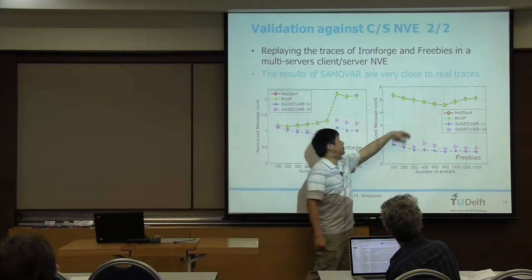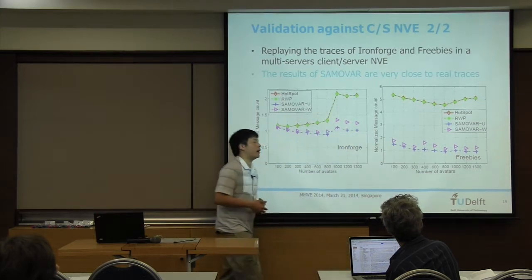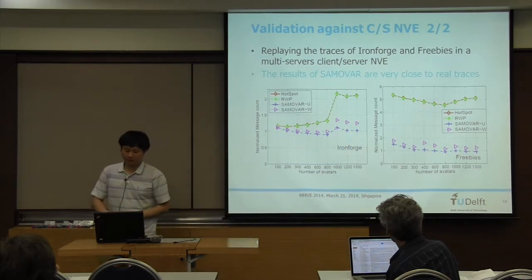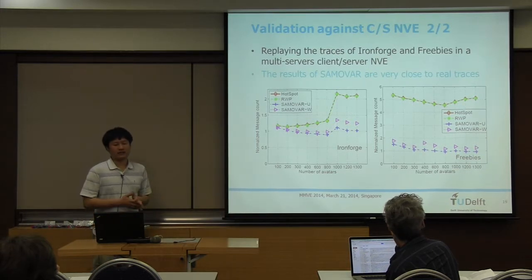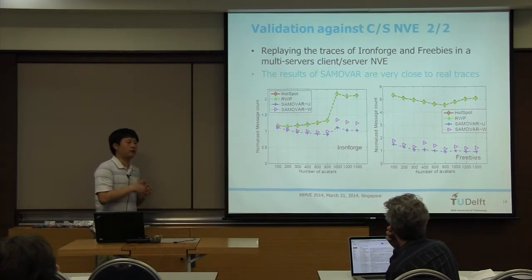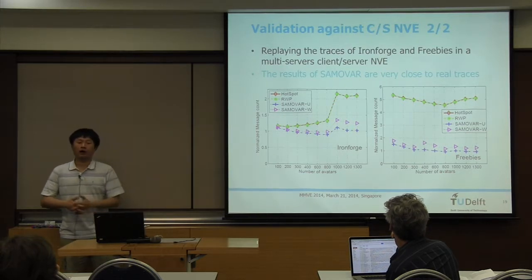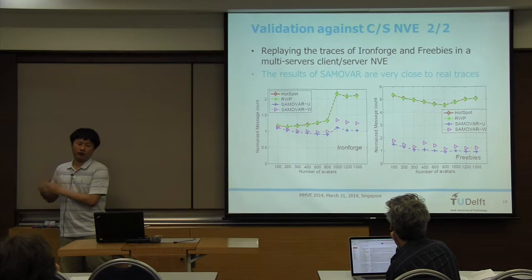But still, the result is much better than that produced by the hotspot model and the waypoint model. So in terms of the number of messages sent, the result of our model is very close to the real traces.